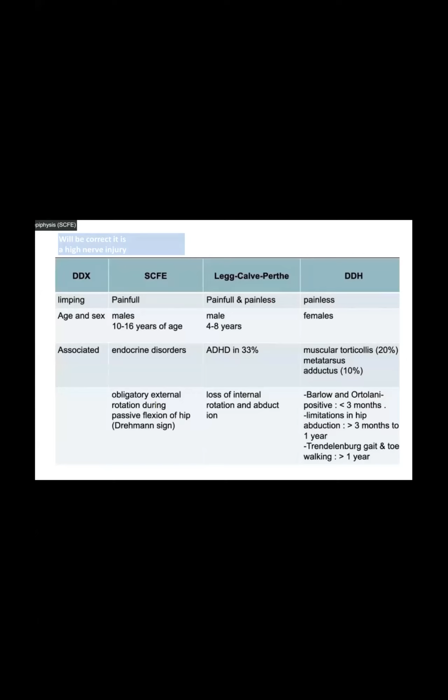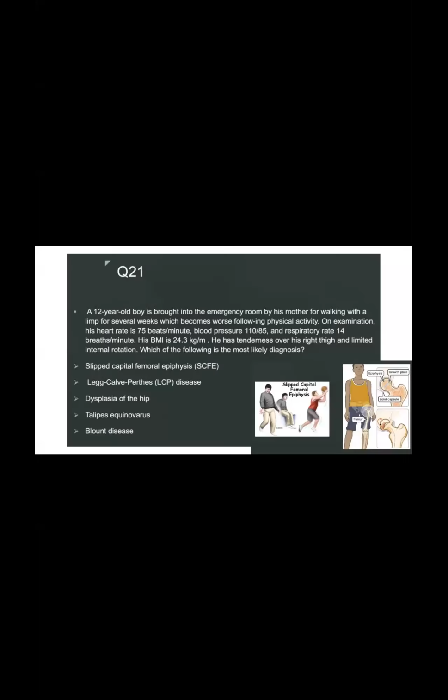For Legg-Calvé-Perthes disease, there is loss of internal rotation and abduction. But for slipped capital femoral epiphysis, there is obligatory external rotation during passive flexion of the hip. So, Dr. Hira's case, how can we differentiate?